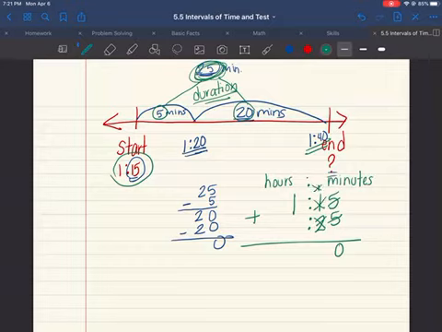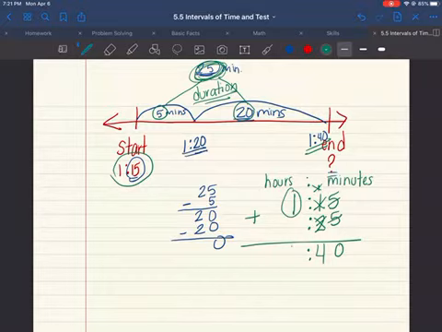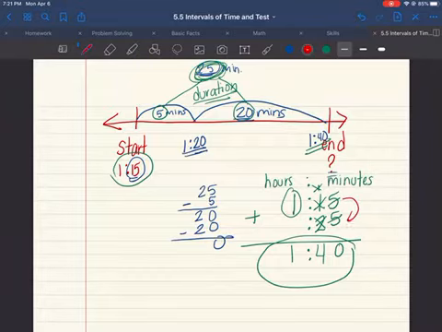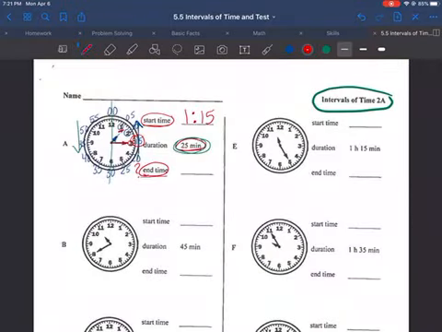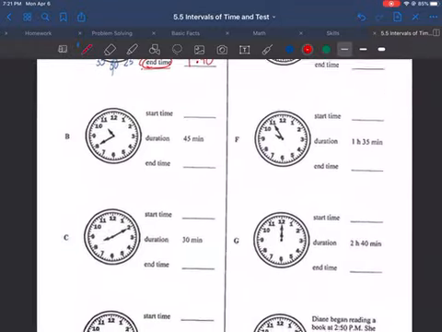So I'm going to regroup. 2 plus 1 plus 1 is going to be 4. How many hours? 1. So if I start at 1:15 and I add 25 minutes, I will end up at 1:40. So my end time would be 1:40.